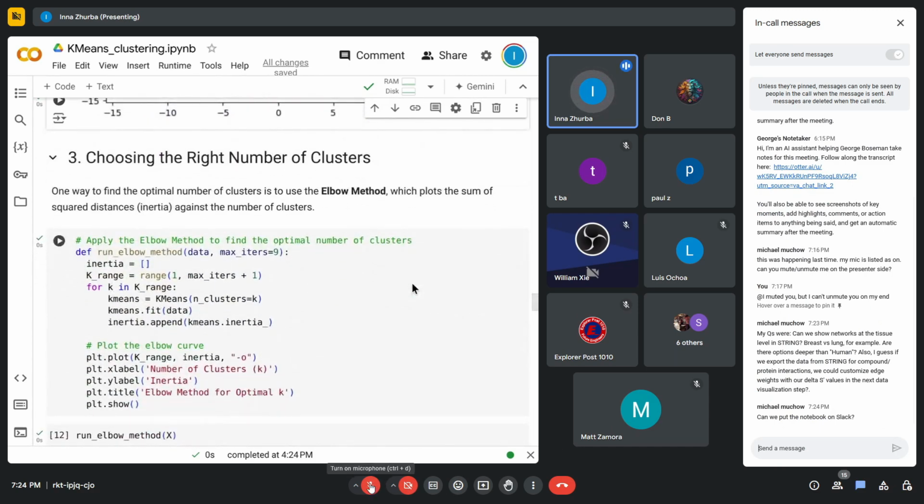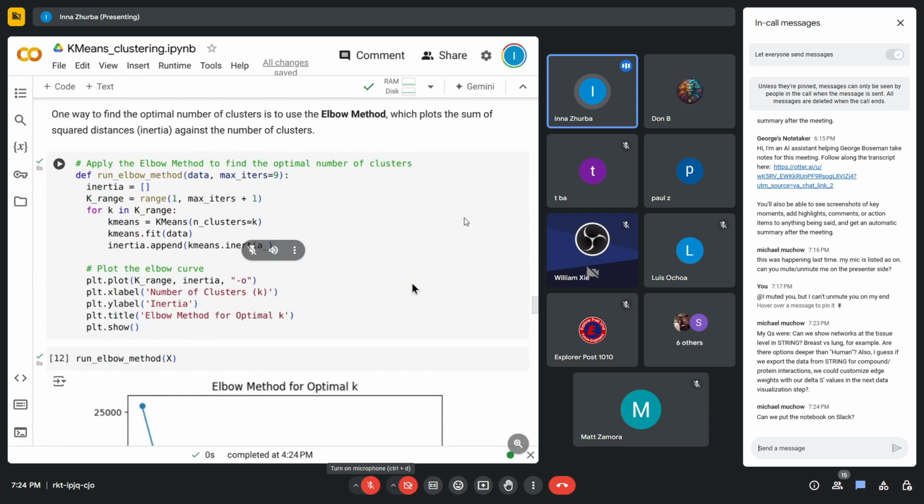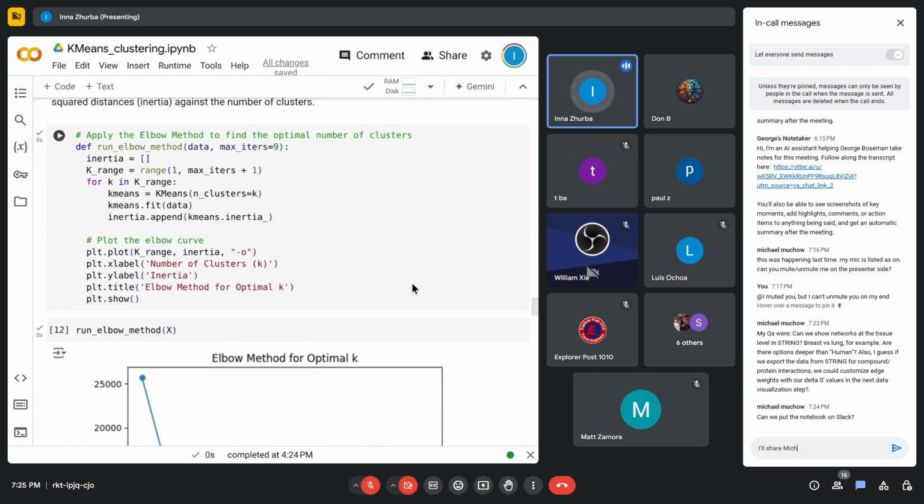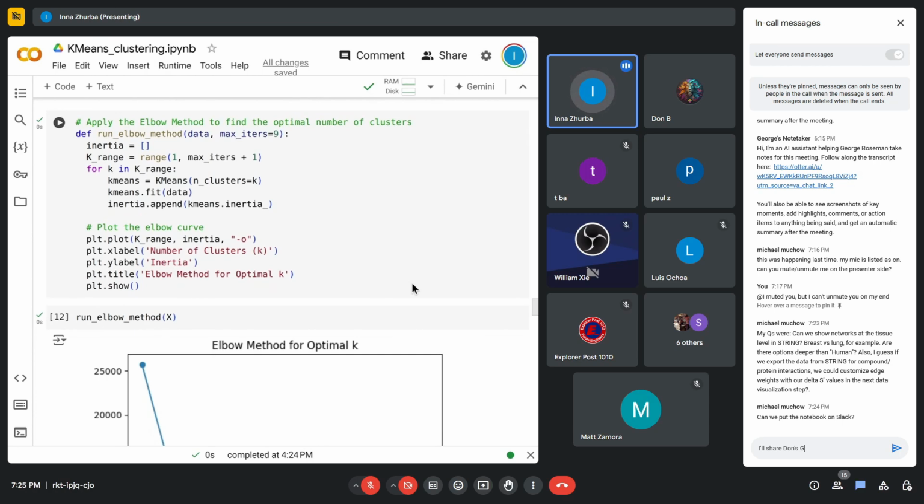And yeah, a few final points. So we talked about the elbow method as the way of selecting the right number of clusters and computing the inertia. This would be an example of how we could do that.